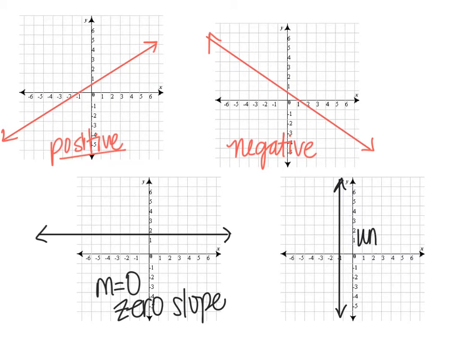And that's got an undefined slope. If you think about that, because slope is rise over run, if you tried to go from one point to the next point, it would be different each time, and then you run 0. So 0 is on the bottom, so it's undefined.